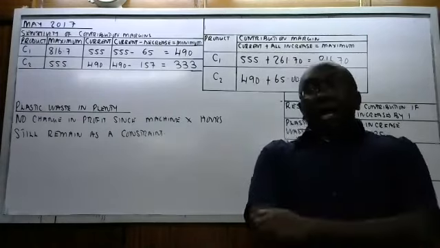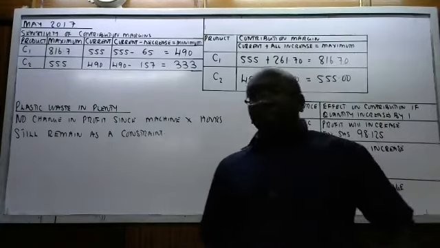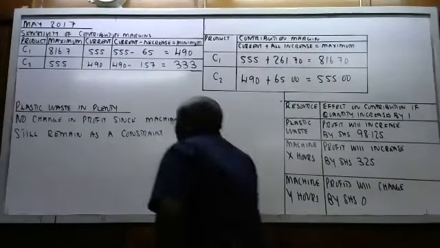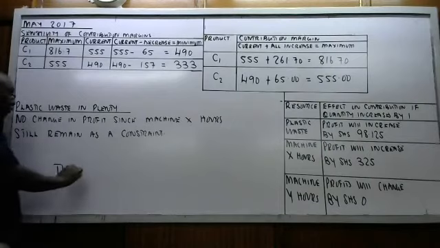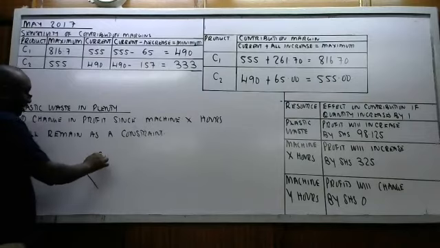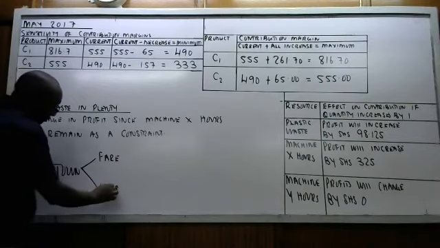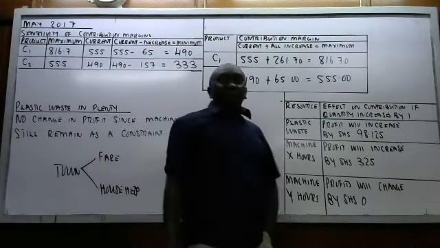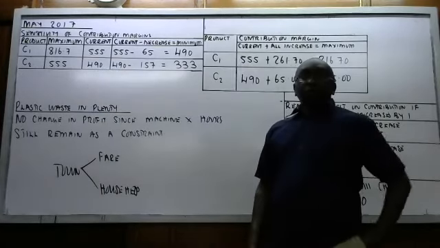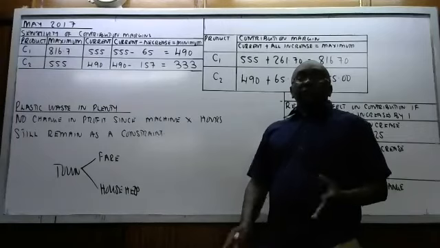For example, assume you want to leave the house and you want to go to town. But there are two problems you have. One, you don't have fare. And number two, you don't have someone to leave the kids with.